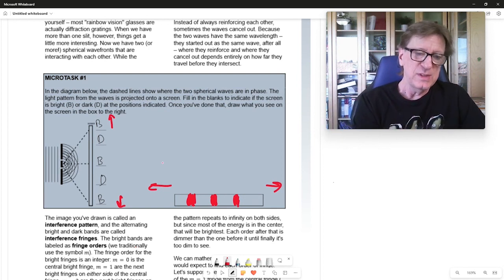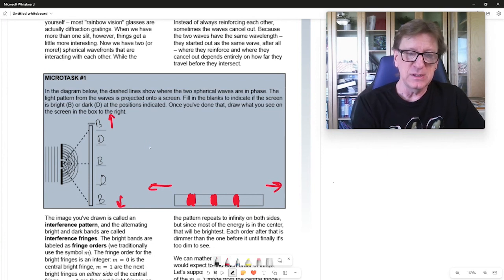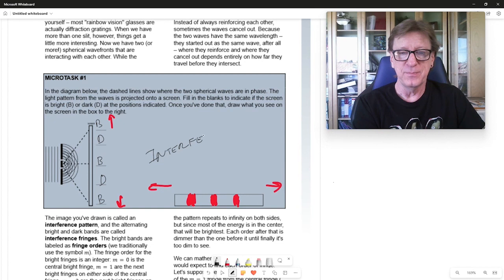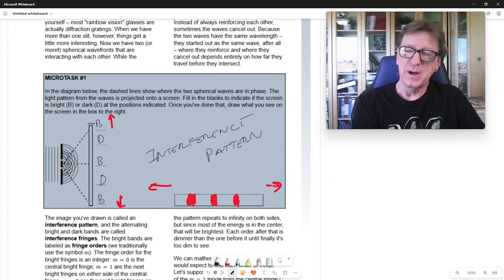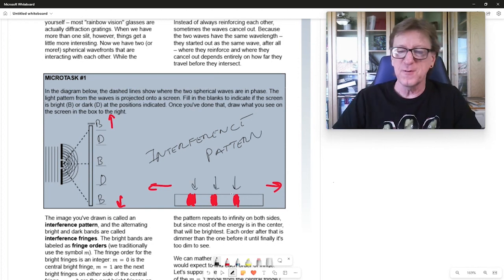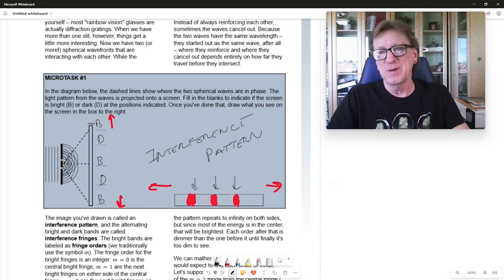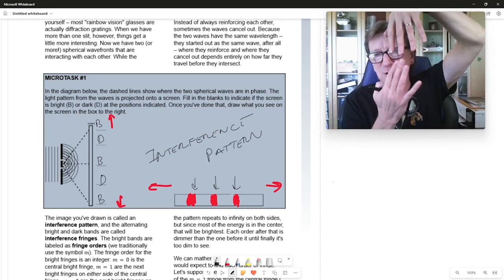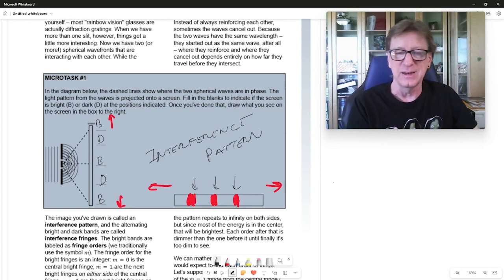Okay, so this pattern that you see here is called an interference pattern, because they're interfering with each other. And by tradition, we call the lines themselves, the bright spots, fringes. You can think about that as, because you've got fringes on a curtain or some sort of cloth dangling down like that.